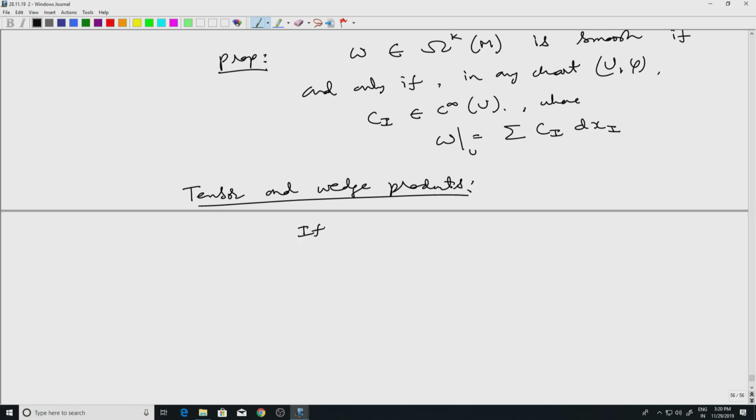So let's just stick to wedge products. Right now I will have no occasion to talk about tensor products anymore.